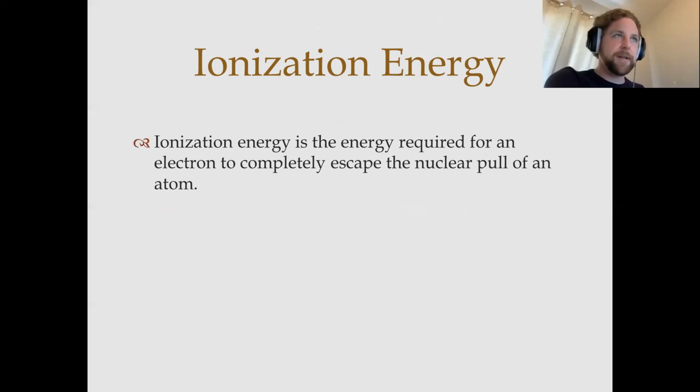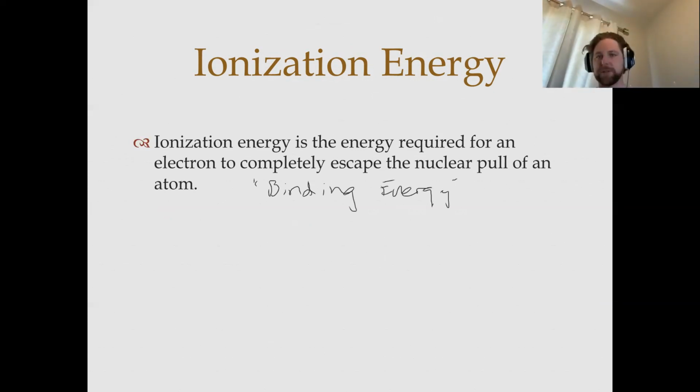is defined as the energy required for an electron to be completely removed from an atom, which is often referred to as binding energy. So binding energy and ionization energy essentially refer to the same energy value. We can measure that electron's energy by getting it to be completely removed from the atom.